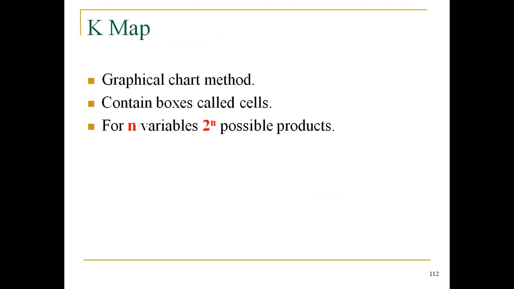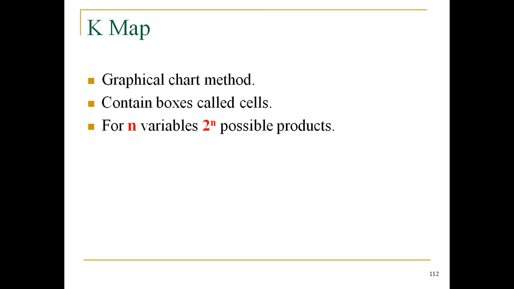So based upon the last part of the discussion, K map is a graphical chart method, no doubt about it. It consists of many boxes called cells. This number of cells purely depends on the number of variables available in the given Boolean expression or equation or whatever circuit you want to design.